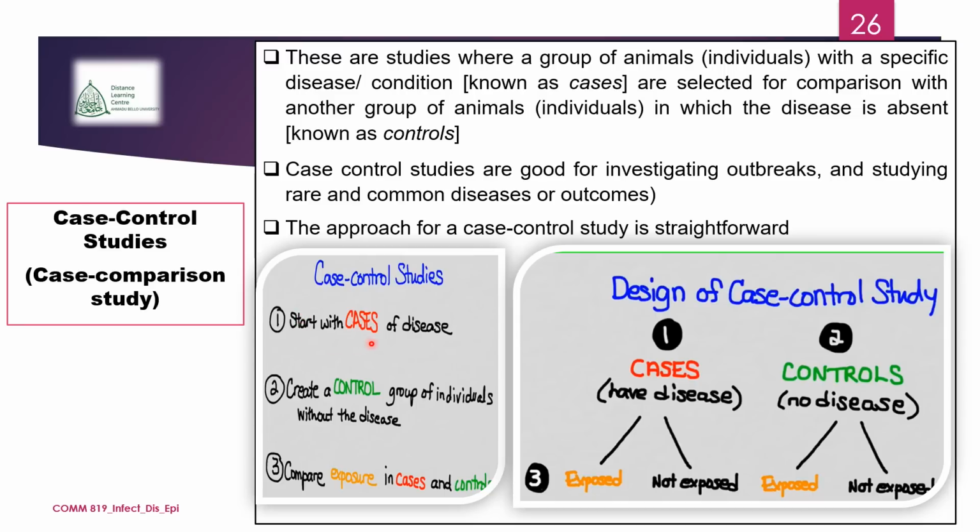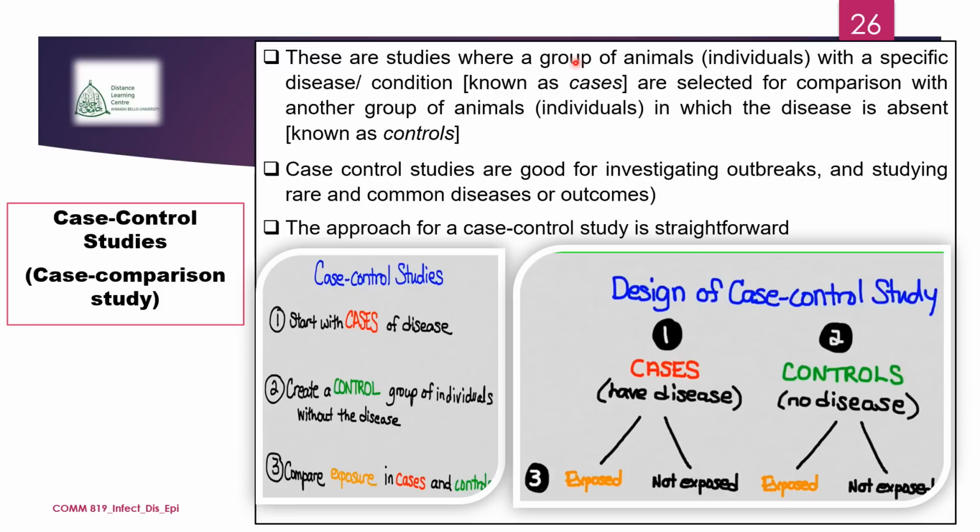The approach for a case control study is straightforward. You start with cases of disease as a first group. Cases are those that have the disease of interest. Then you create a control group. The control group will be people from the same study location without the disease.